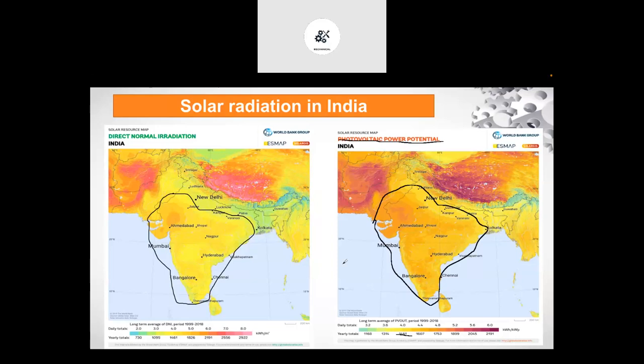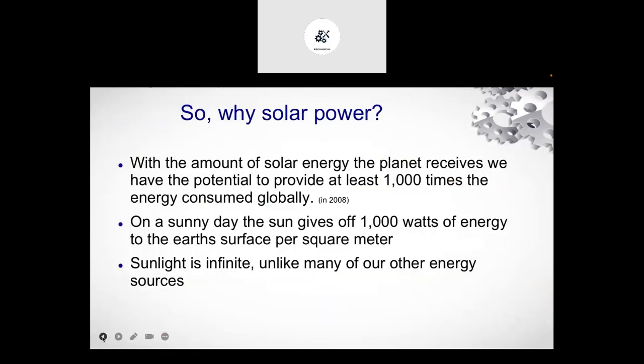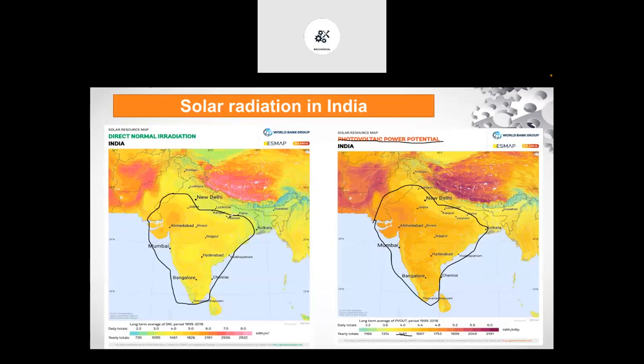So because of that, in India we are mostly concentrating on solar energy. We receive sufficient solar radiation all over the year, and it is also a renewable energy resource. So that's why we are going to focus on solar energy.